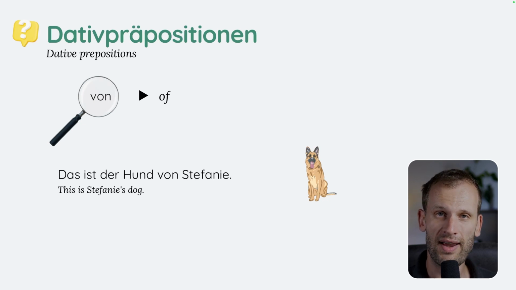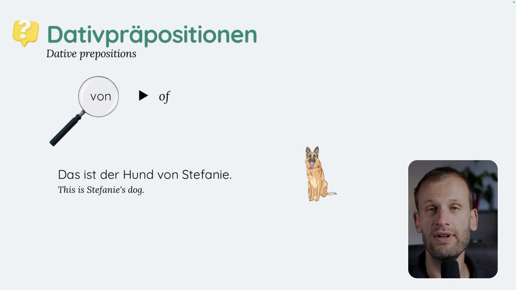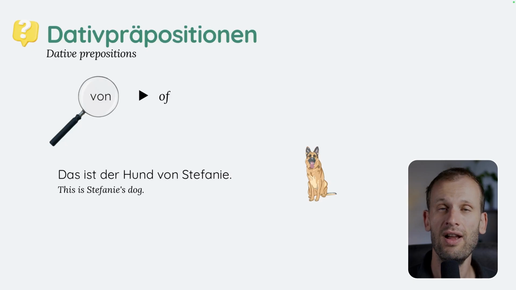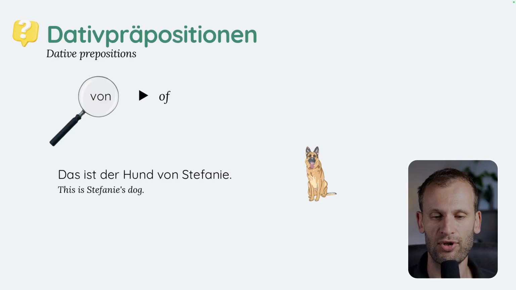But genitive case is quite advanced. It's easy for names like Stefanies Hund, Peters Auto. It's easy for names, but it's more tricky with other nouns. In which case you can use von as an easier alternative if you're on the A1, A2 level and still struggling with the genitive. And then later on you will master the genitive, I'm sure.